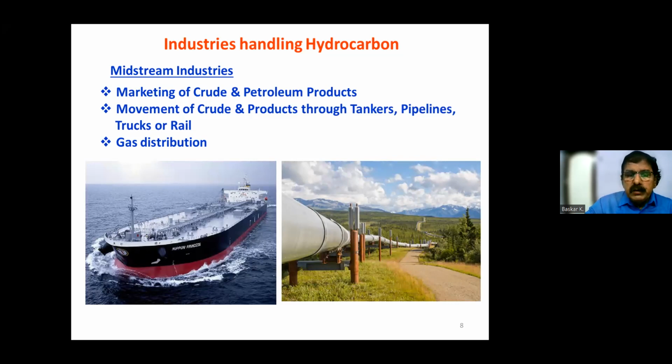In the second picture, you can see a huge cross-country pipeline, where the products are moved from one end to another end. It may be one country to another country, or one city to another city. So this is called midstream industries.